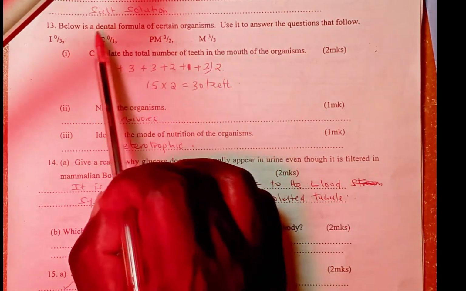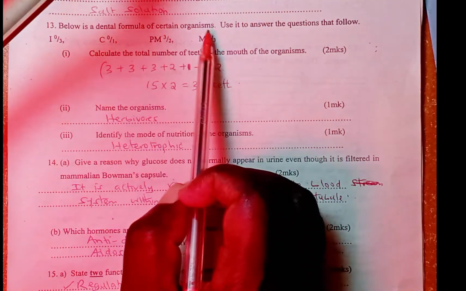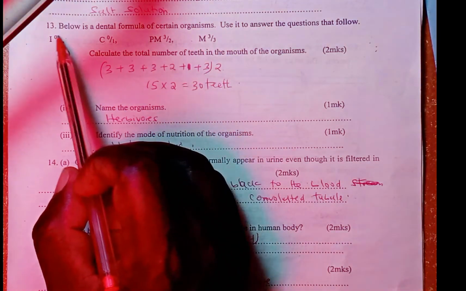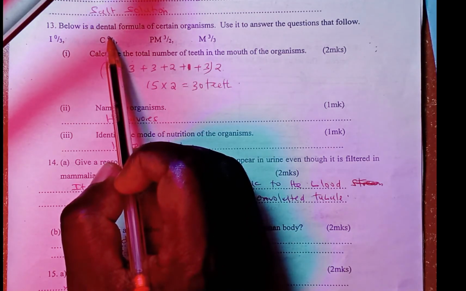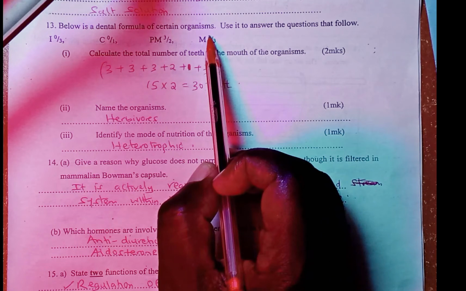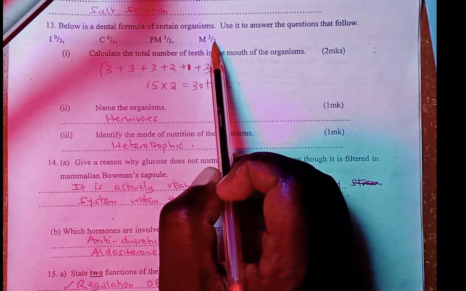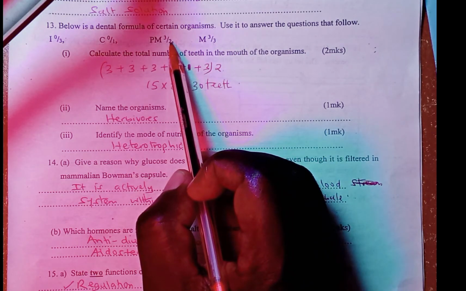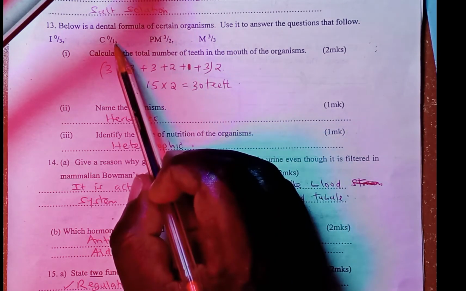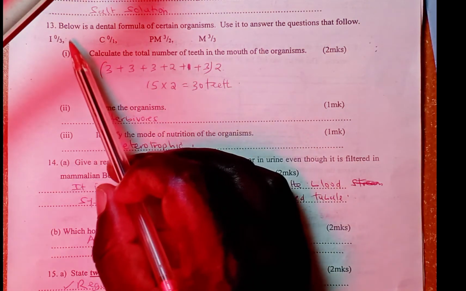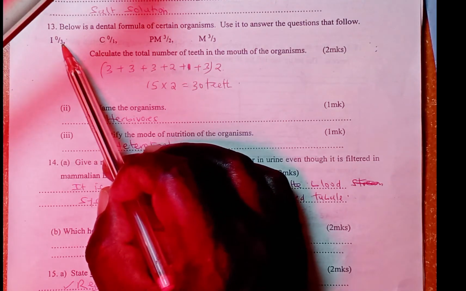What we usually do, we add all the teeth and we multiply it by 2. In this case, if you take 0 plus 0 plus 3, you get 3. 3 plus 3, you get 6. 6 plus 3, you get 9. 9 plus 2, you get 11. 11 plus 1, you get 12. 12 plus 3, you get 15.